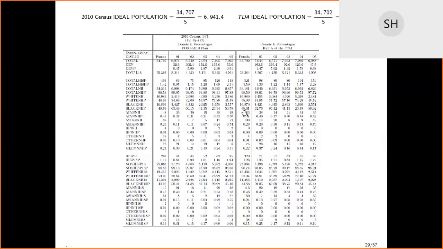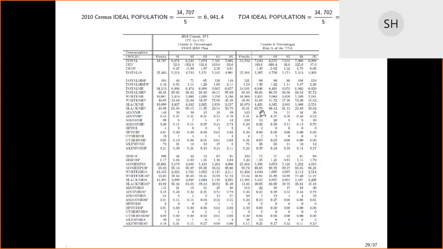Here, overall, this is 48.96 versus 48.93, 48.61 versus 48.69. And in terms of how this population, 34,702 versus 34,707, gets distributed, well, it gets distributed in a similar way.